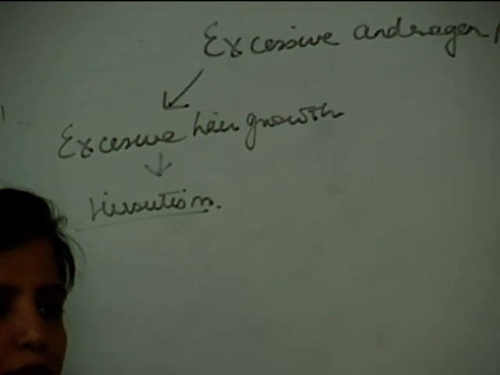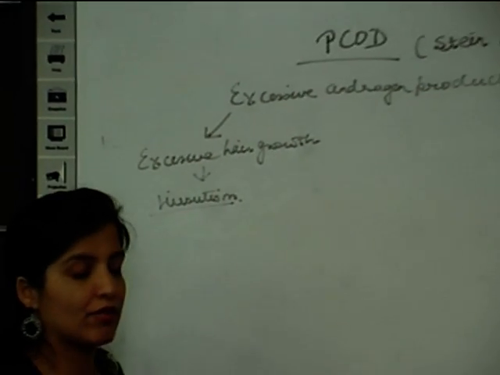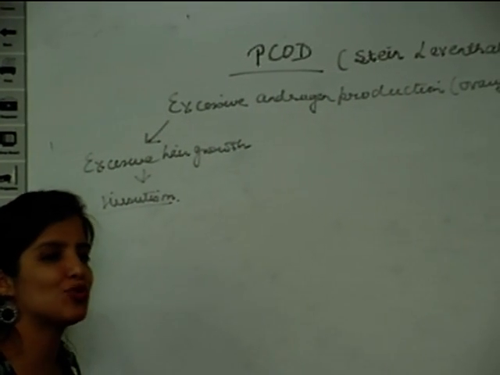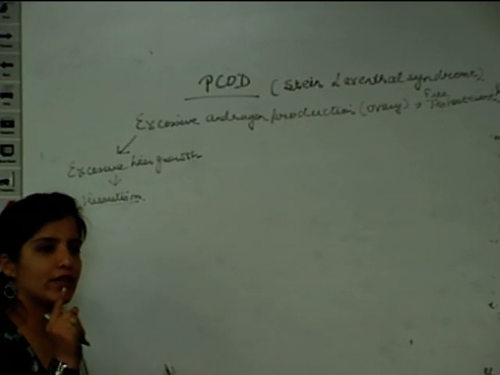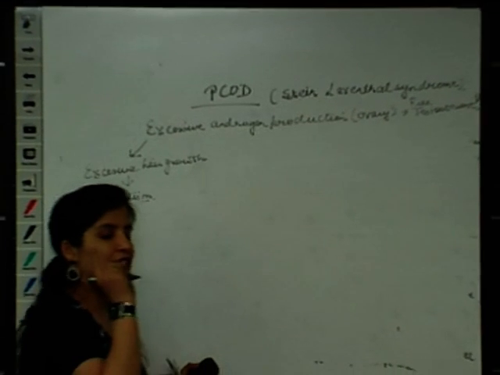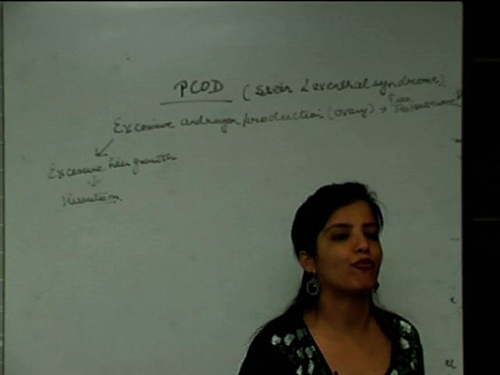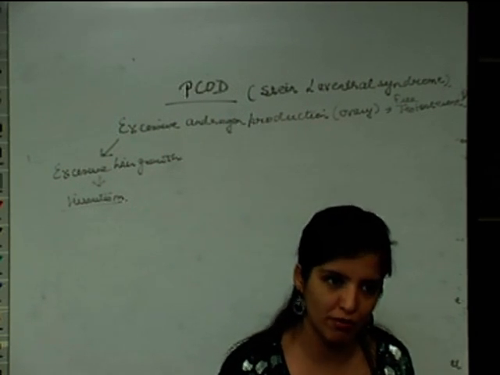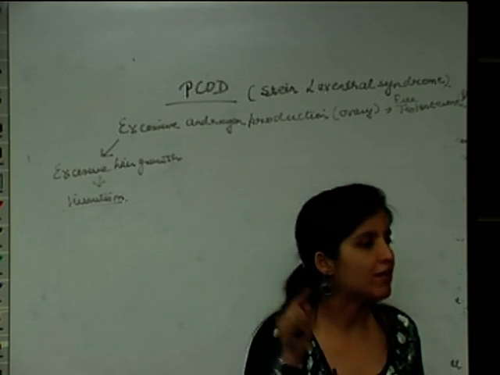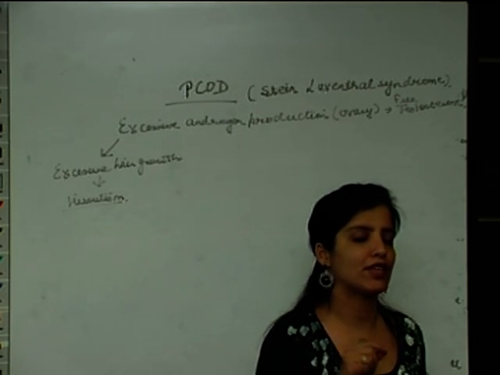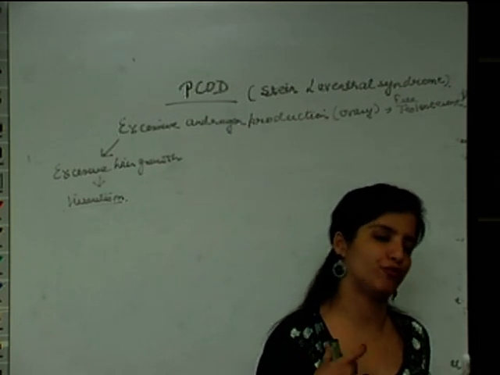The most common cause of hirsutism in a young female, between 15 to 25 years of age, is polycystic ovarian disease. That is the first question. But if the question says what is the most common cause of rapid onset hirsutism, then it is not PCOD. Rapid onset hirsutism means there is some testosterone secreting tumor of the ovary.